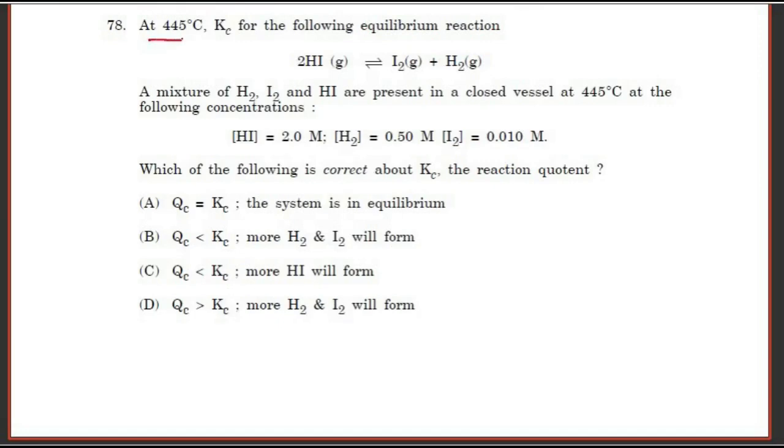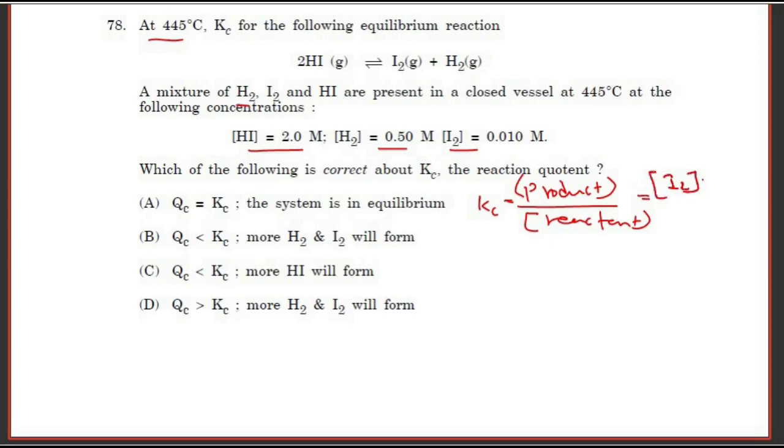Question number 78, at 445 Kc for the following equilibrium reaction. The mixture H2, I2 and HI are present in a closed vessel. HI is given, H2 and I2 is given. Here Kc equal to the concentration of the product divided by the concentration of the reactant, which is equal to I2 into H2 and the concentration of the reactant is HI whole square.